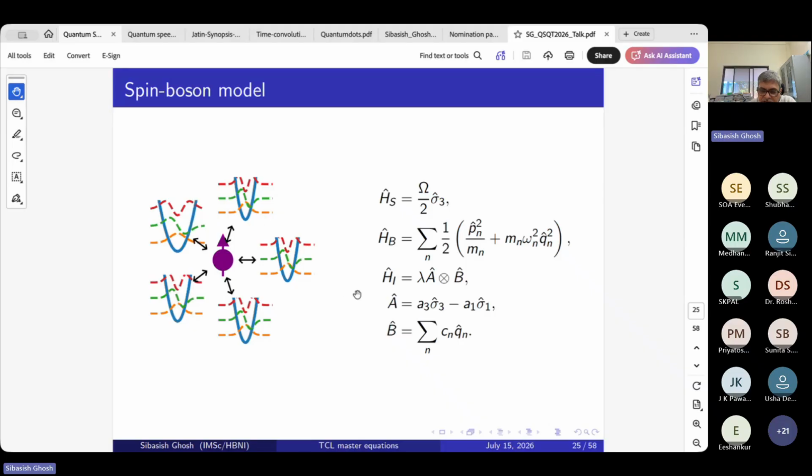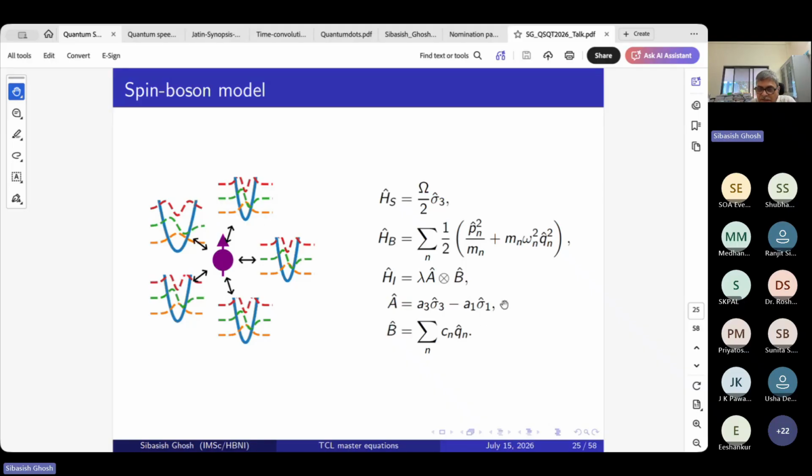And the interaction Hamiltonian, to make our life easier, you remember we have taken the interaction Hamiltonian to be a sum over alpha of A alpha tensor product B alpha, but you can start with the simplest case where you have only one term. So lambda is of course the perturbative factor, A tensor product B. So A is the system operator and B is the bath operator. Without loss of generality, I can take A to be of this form, an arbitrary system operator.